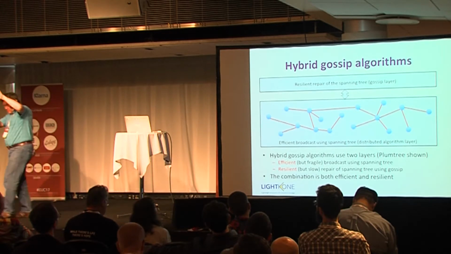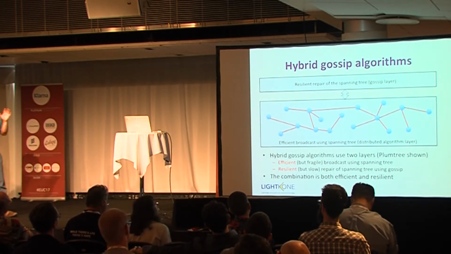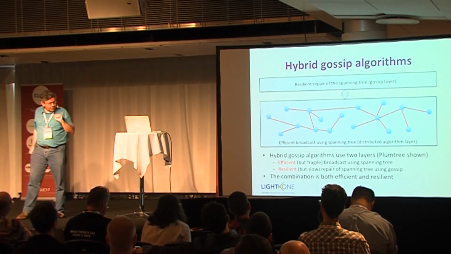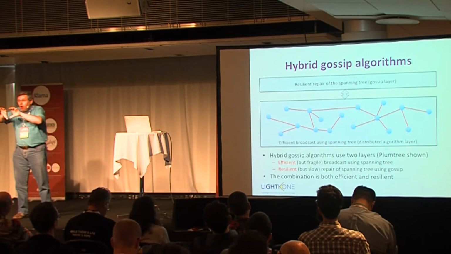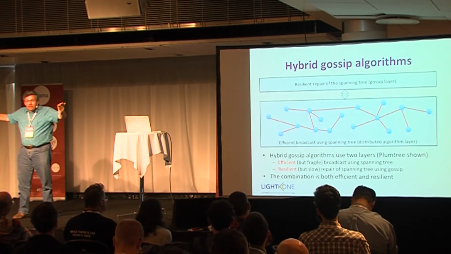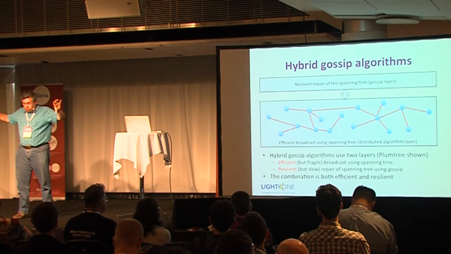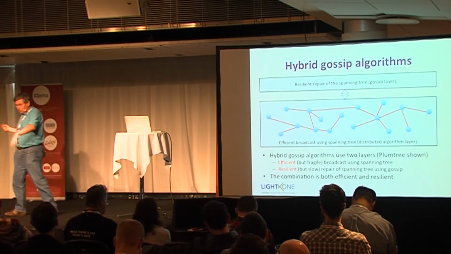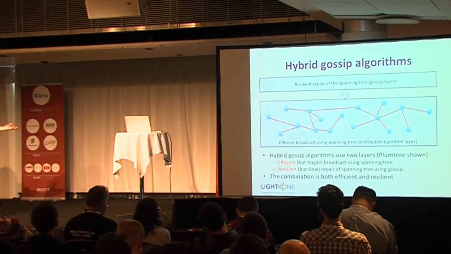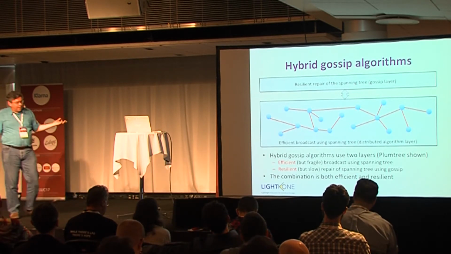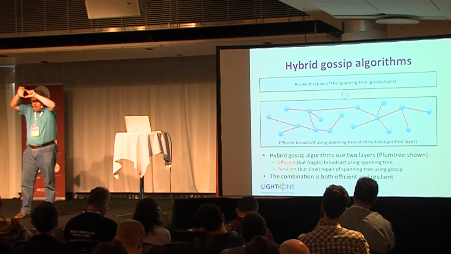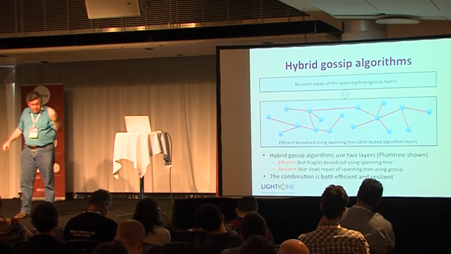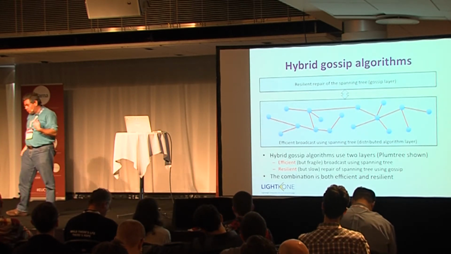These two together are a really nice sweet spot, okay? The lower layer, the spanning tree, gives you very efficient broadcast, but it's fragile. Anything changes in the network, a node crashes, the spanning tree is broken and it doesn't work. But no problem, the gossip layer on top is resilient and will repair it.